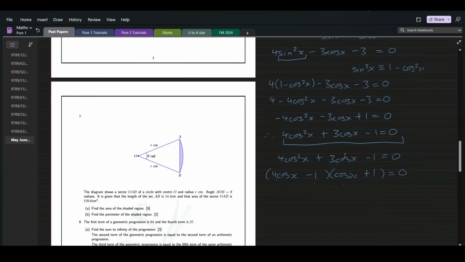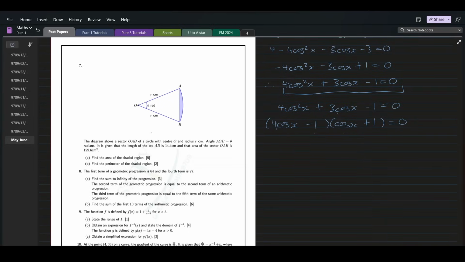Okay, that works. And so that means we've got 4 cos x minus 1 is equal to 0, and we've got cos x plus 1 is equal to 0. And so here we'd end up with cos x is equal to a quarter. So x is equal to arc cos of a quarter.